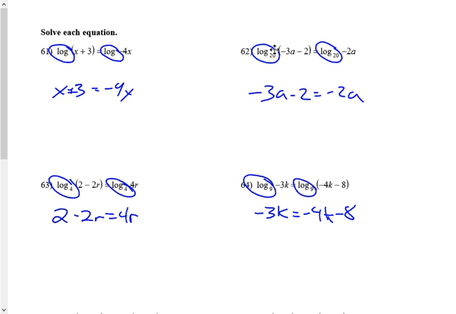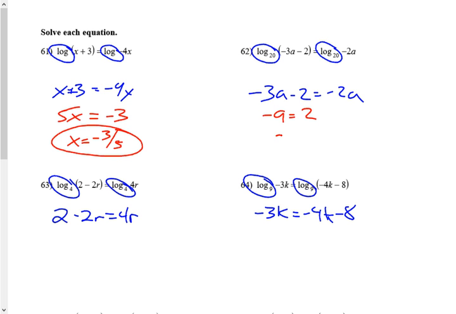Now from here, we're going to just solve a linear equation like we've been doing all year, really. I'm going to rewrite this. I'm going to add 4. And then divide by 5. Like so. In this one, we're going to add 2a, add 2, divide by the -1.